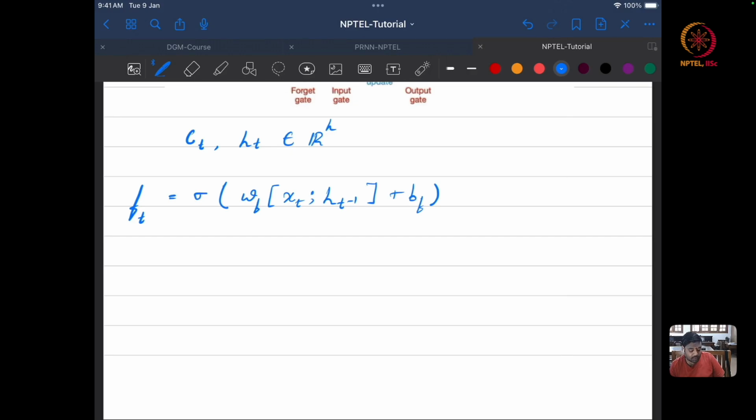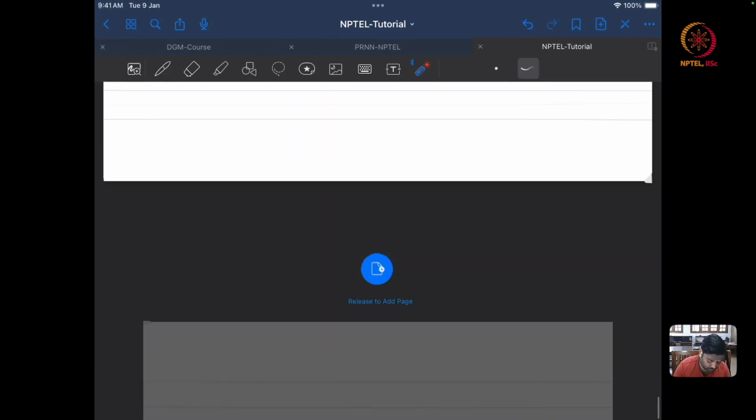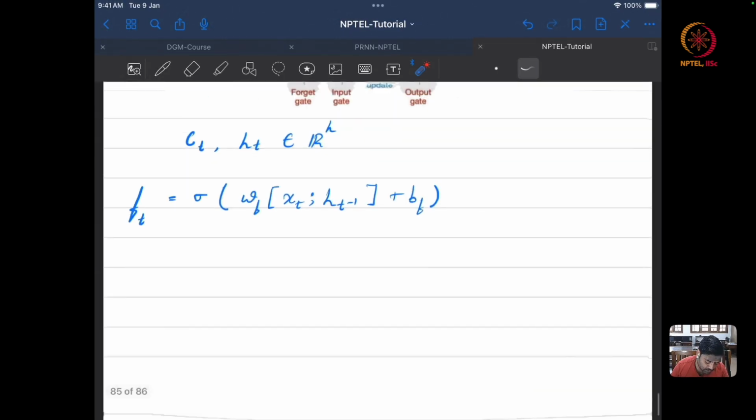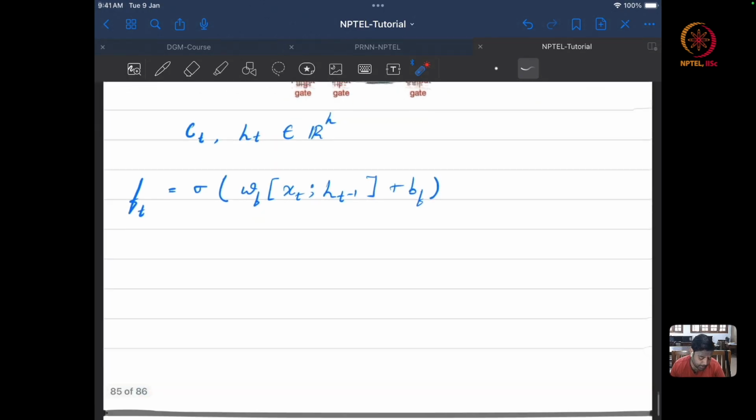All the W's will be in R^(H cross D plus H), and all the biases will be in R^H. Now it is constant for all these operations while computing the HT. This is the forget gate, and this is the interaction that is happening here.